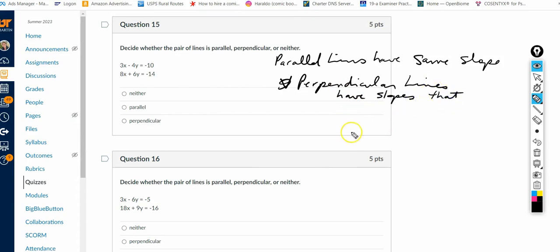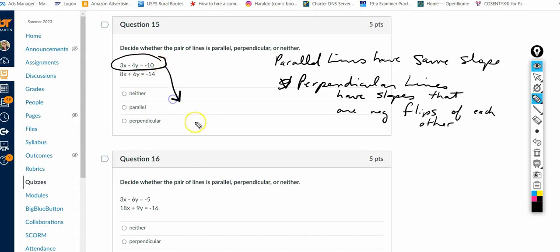So their product is -1. So if one slope is 3, the other is -1/3. If one slope is 1/5, the other slope is -5, okay, for perpendicular lines. And if it's not either of these two, then they're not parallel or perpendicular. So what's the slope of this? Well, the slope is not 3.